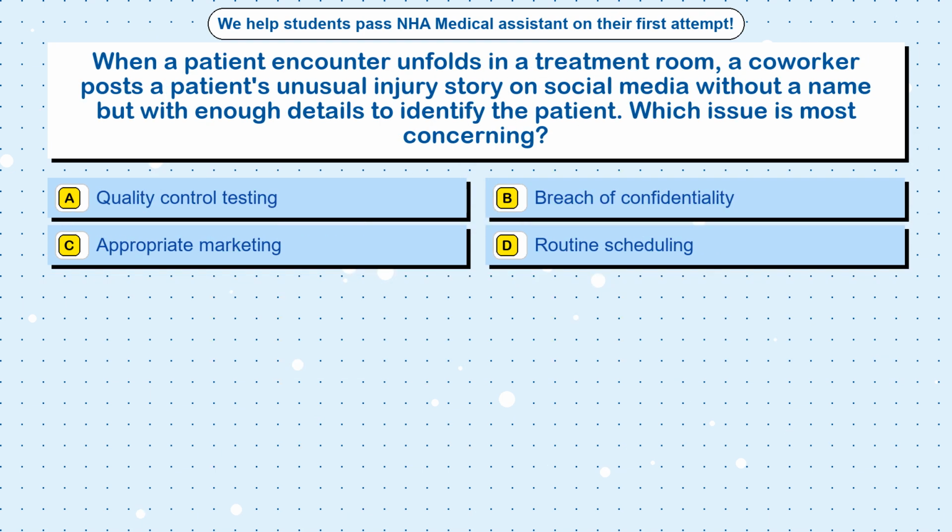Question 67. When a patient encounter unfolds in a treatment room, a coworker posts a patient's unusual injury story on social media without a name but with enough details to identify the patient. Which issue is most concerning? Option A, quality control testing. Option B, breach of confidentiality. Option C, appropriate marketing. Option D, routine scheduling.